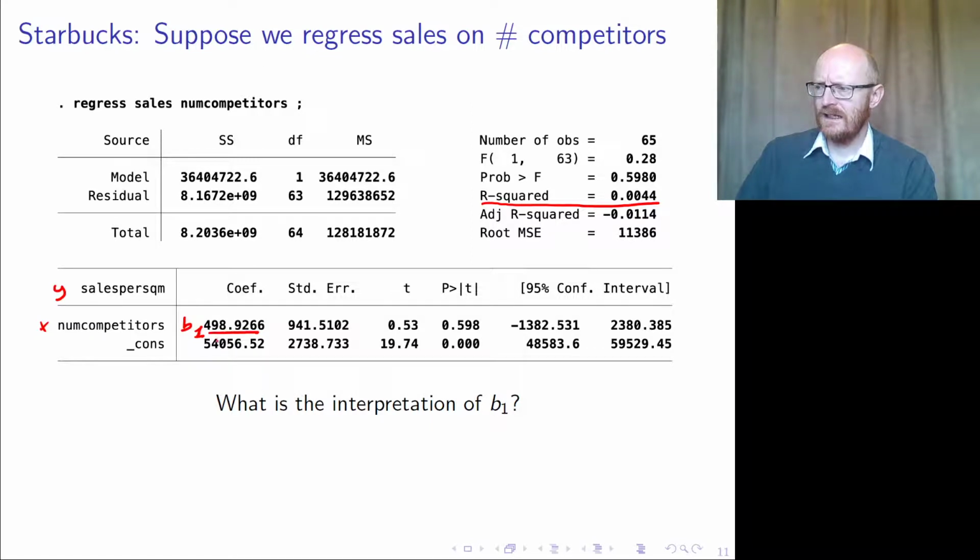We see that it's positive, but the t-value of 0.53 means that this value is only 0.53 standard errors away from 0. So we can't really tell if this coefficient is positive or negative or 0. And you have here the 95% confidence interval, which includes 0, right?